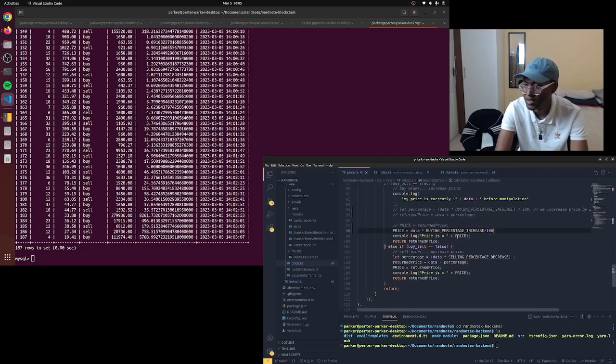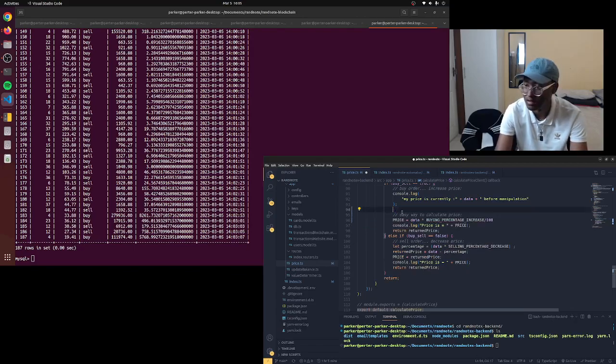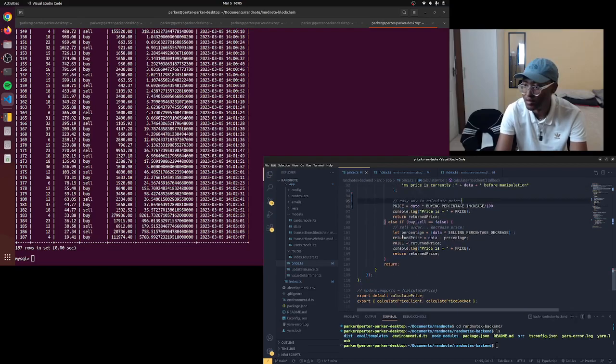Yes, increase price by 10%. That's the value of our new price. Easy way to calculate price. I'm gonna get rid of that stuff. And it's also gonna be the same on this side.